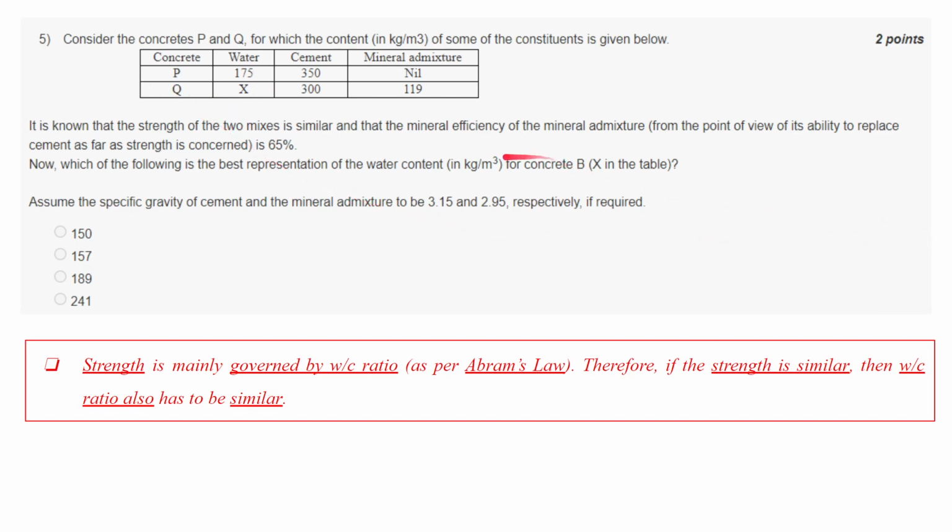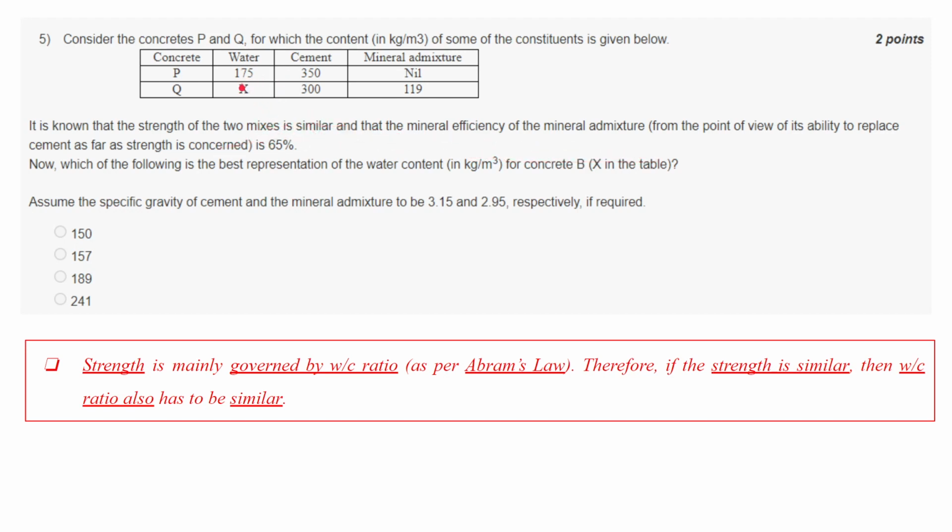Here, as it is mentioned that the strength of the two mixes is similar, that means the water cement ratio has to be similar.